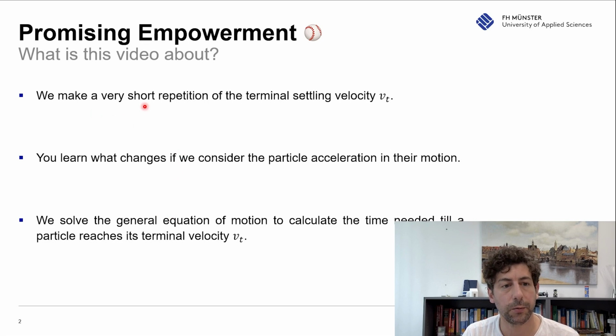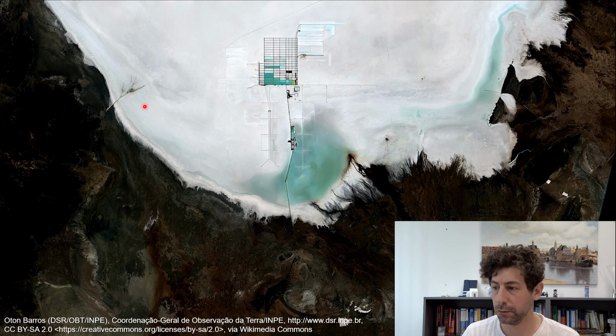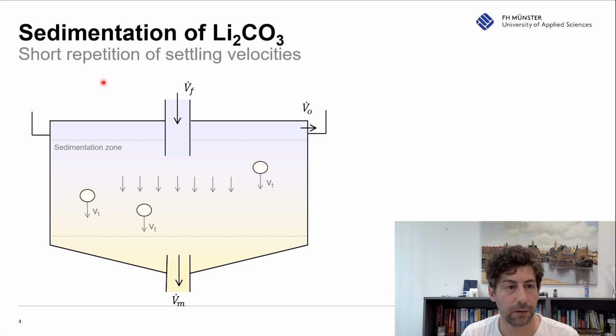So if we start with a short repetition, maybe you remember this video, or if not, this is a brine, a lithium brine, and this is used to evaporate water and to enrich lithium for the lithium mining, right? And this is something we took as an example because the lithium in the liquid is precipitated, and then we get lithium particles, and these lithium particles are settled down in such a sedimentation tank.